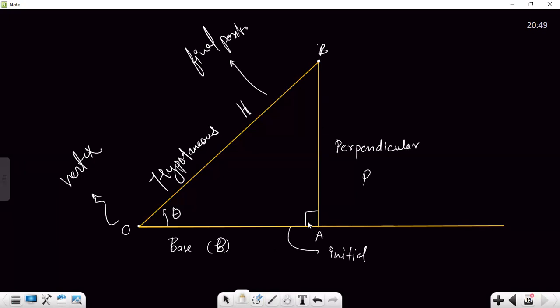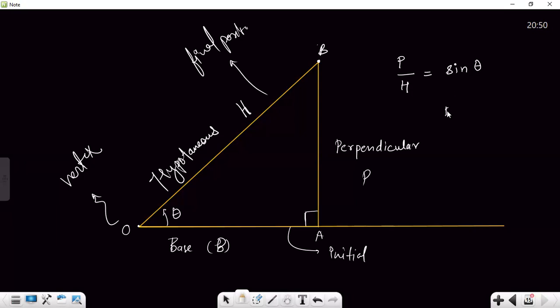If we discuss the relations here, when we divide the perpendicular by the hypotenuse, I'll call that ratio sine of theta.